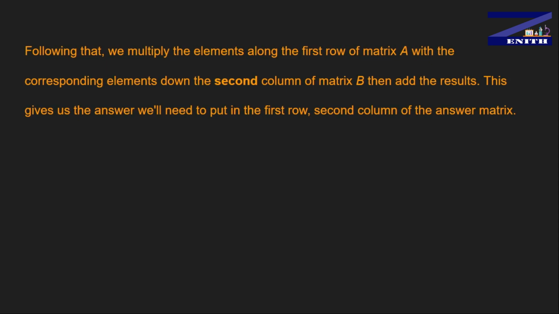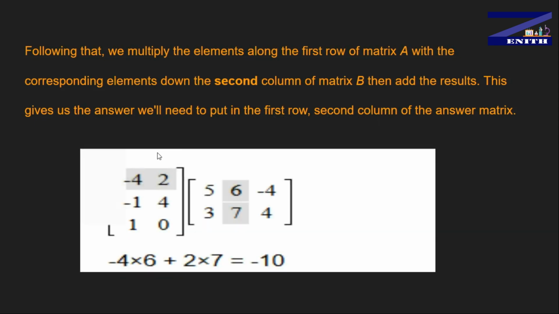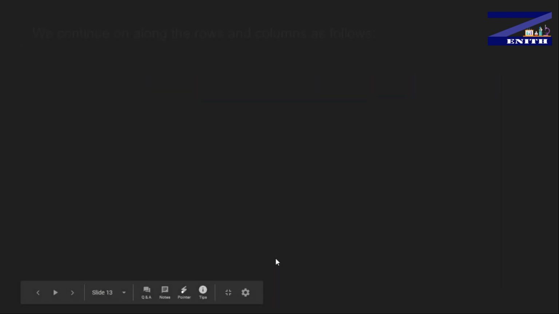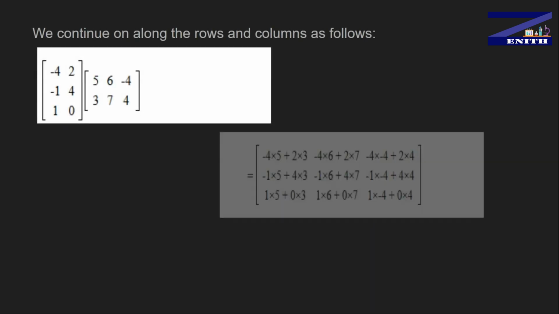So this gives us the answer we need to put in the first row, second column of the answer matrix. Just multiply them, 4 with 6 and 2 with 7, and in the end you are getting minus 10 as an answer. So we continue along rows and columns as follows.